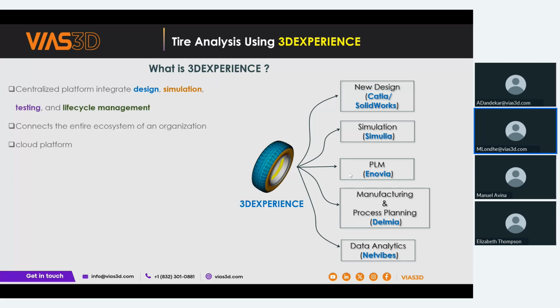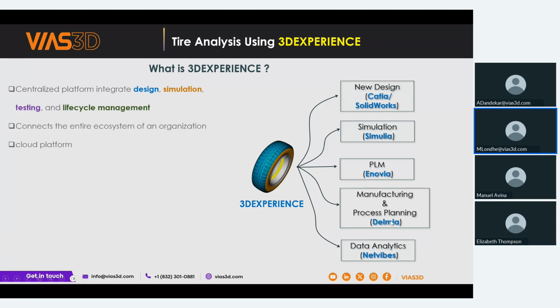Then you can use the PLM integration. Here you can check which version you are on, so you can control version traceability and collaboration with the entire teams, like design, simulation, and manufacturing teams.